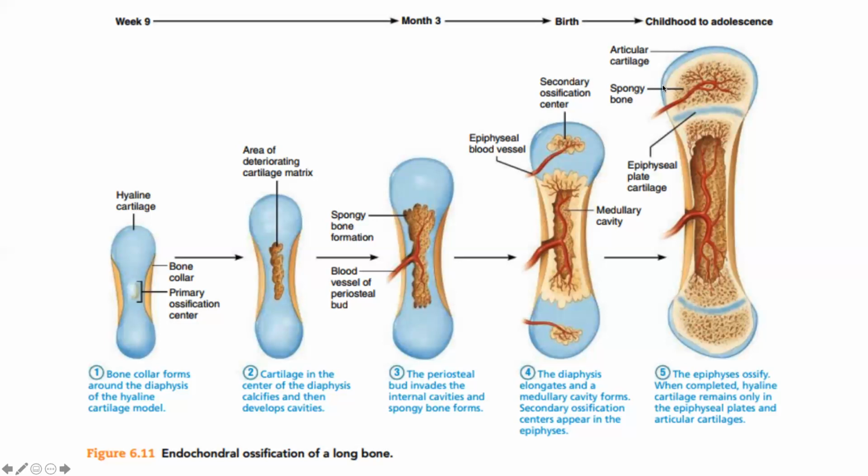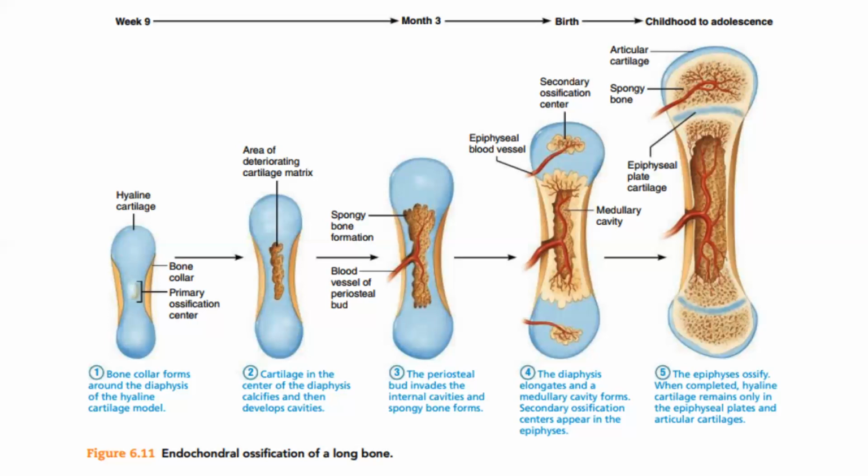And finally, only the ends of the long bone, which contribute to the articular surface of the joint, are left with cartilage. You can see the same thing on the distal end, and we still have a cartilage plate left in between the main primary ossification center and the secondary ossification center. And that cartilage plate remains open and changes into bone and grows. And that's the way our bone grows, from these epiphyseal plates.